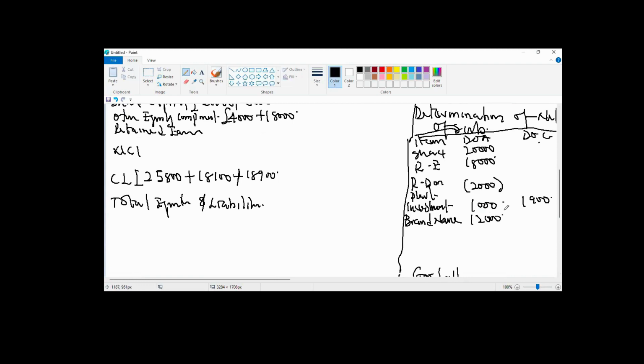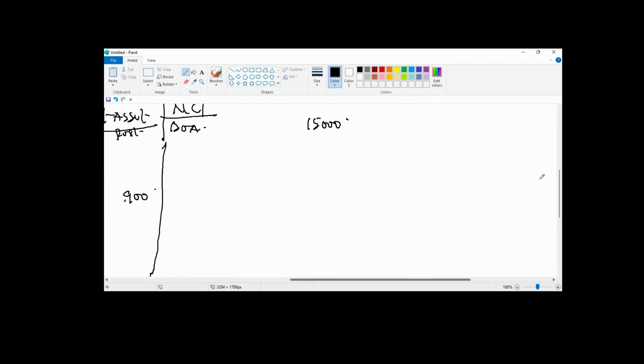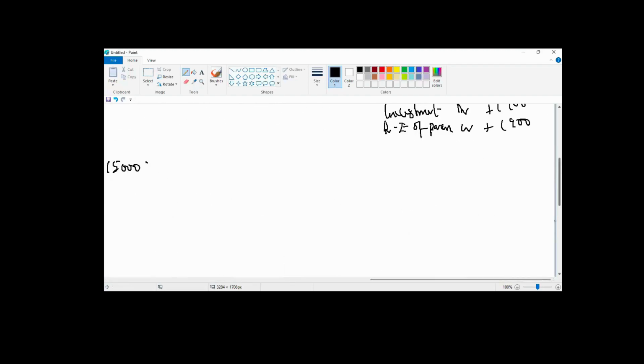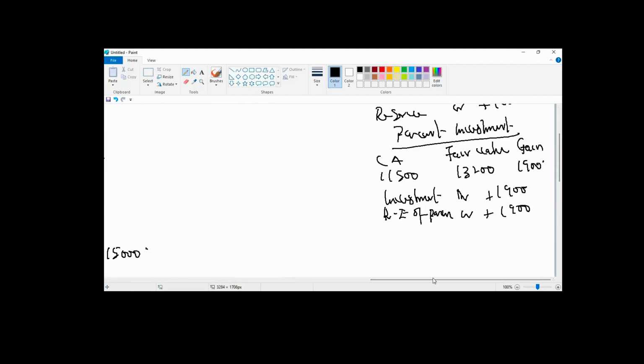What is the useful life when we have to amortize? The useful life of the brand name? 5 years. I'll go to the amortization. Brand name at the date of acquisition. Let's start with it.